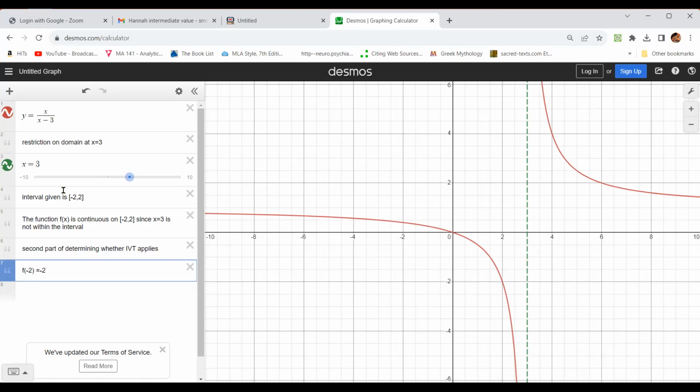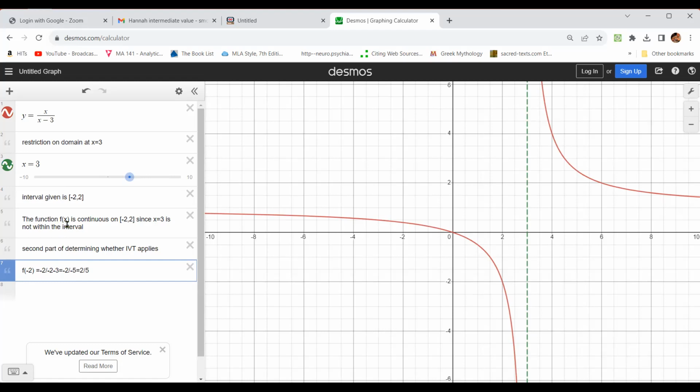So -2 over -2 minus 3. -2 minus 3 is -5, correct? So it's -2 over -5, which is 2/5.